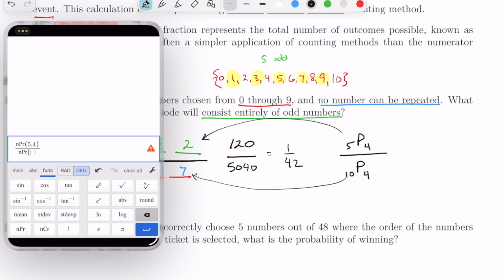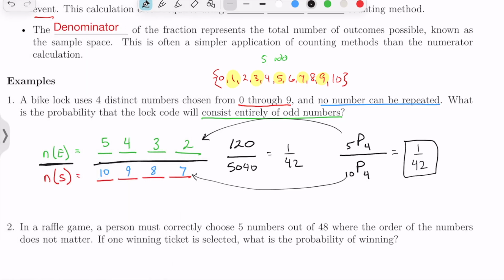So we'll use nPr and we'll do 10 comma 4. And you can see we do get that same decimal, and if we change that over, we still also get 1 out of 42. So that's the likelihood of randomly choosing a lock code that consists entirely of odd numbers where repetition is not allowed.